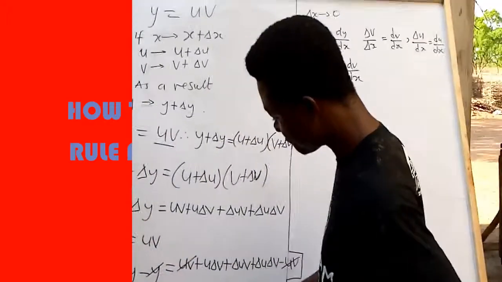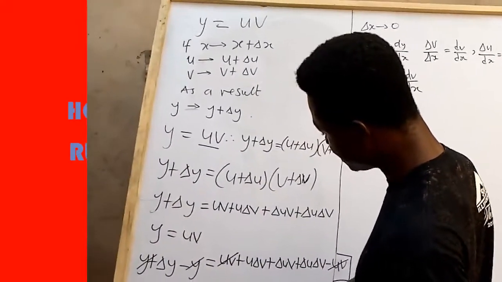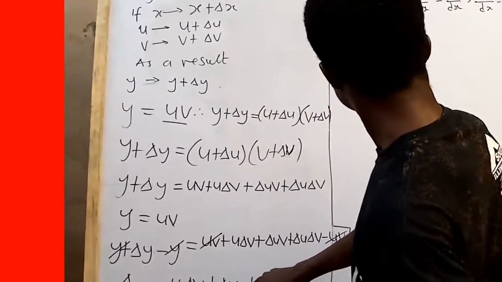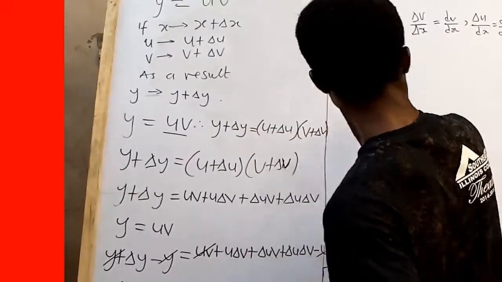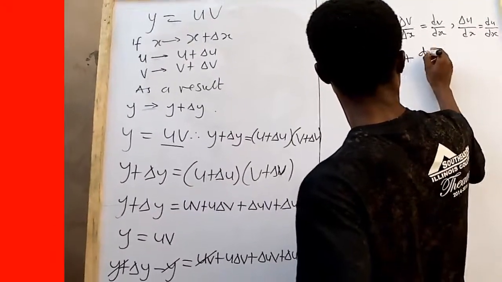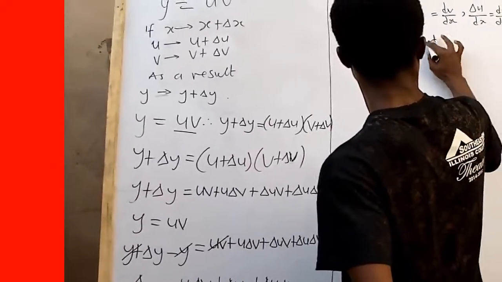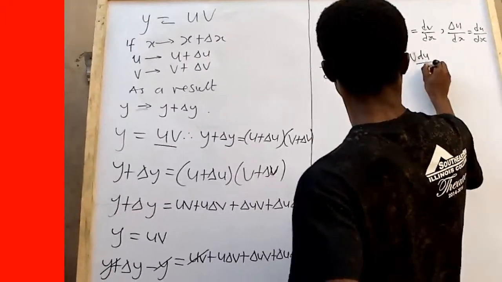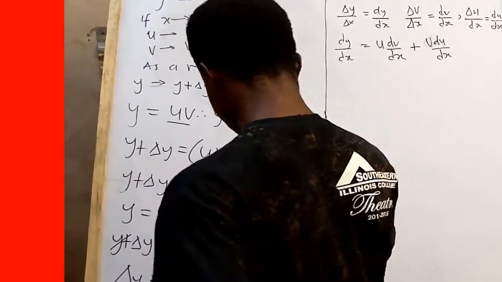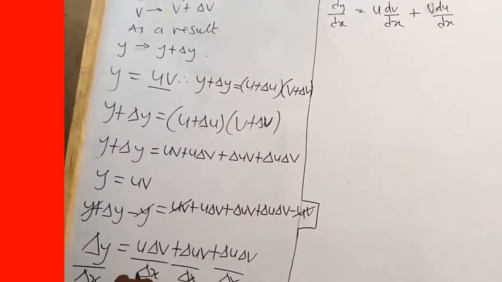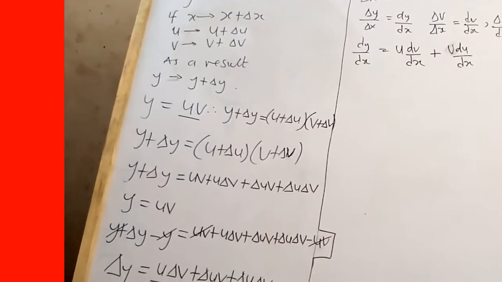And then here, the change in u multiplied by v has now become plus v du over dx, because the change in u over change in x becomes du over dx.